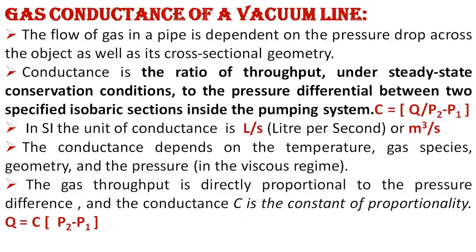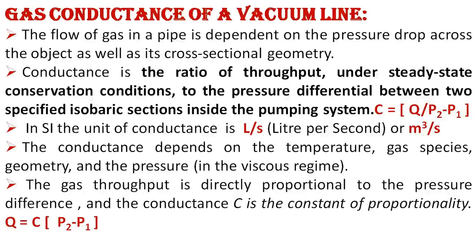Now the next concept is the gas conductance of a vacuum. The flow of gas in a pipe depends on the pressure drop across the object as well as its cross-section geometry. Conductance is the ratio of throughput under steady state condition to the pressure differential between two specified isobaric sections inside the pumping system.